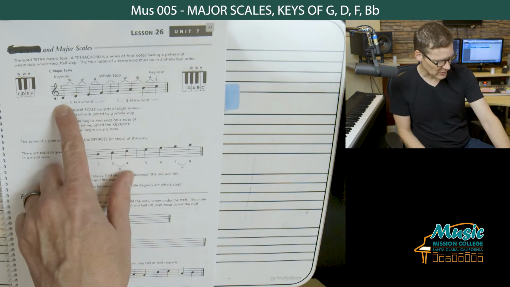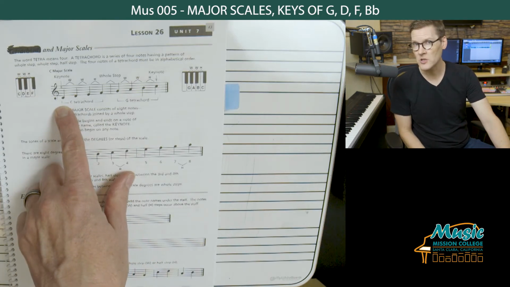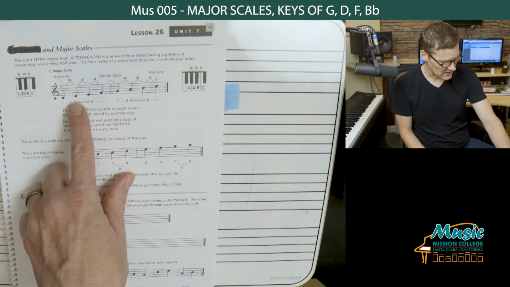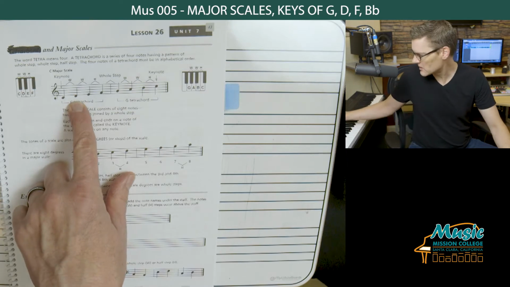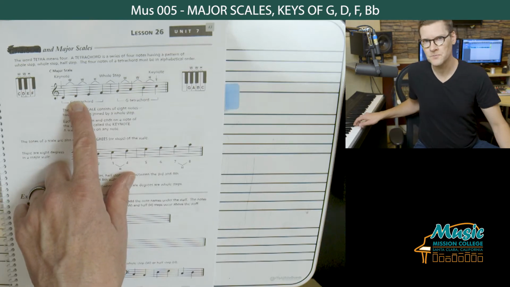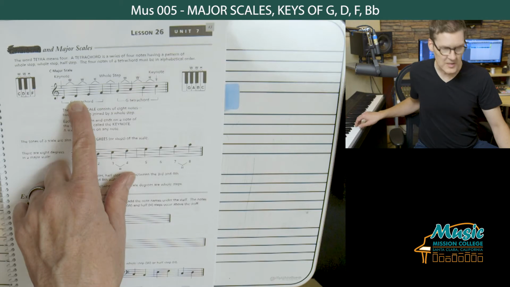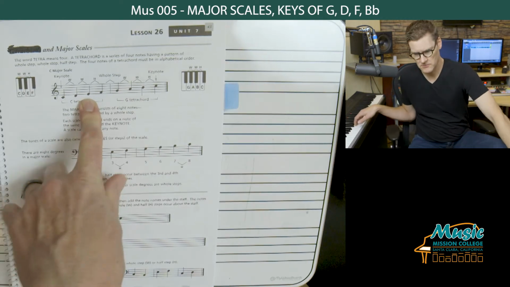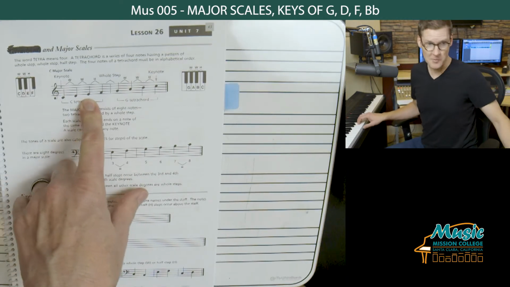So if you look at the textbook and we start on the first note, C, the distance between the notes follows a pattern. From C to D, the distance is a whole step. The distance from D to E is a whole step. And then E to F is a half step.